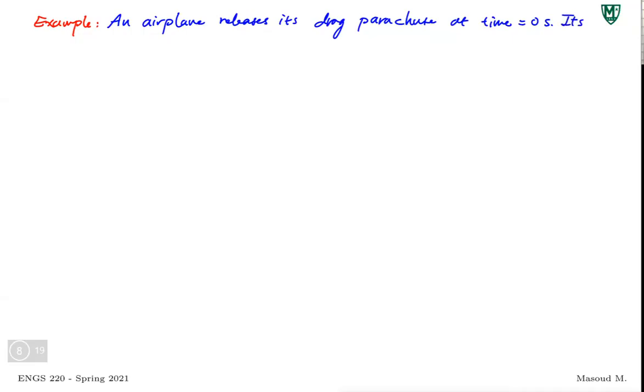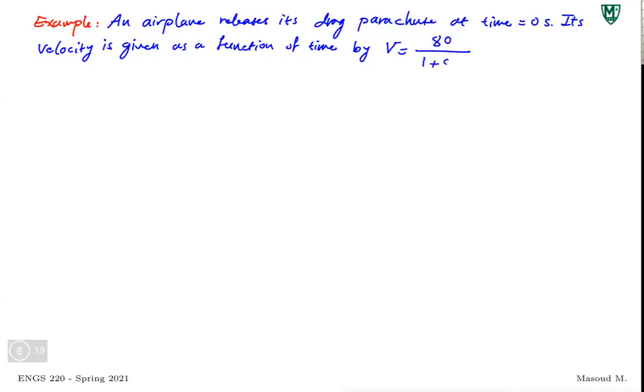Its velocity is given as a function of time by v equals 80 over 1 plus 0.32 t, in meters per second.